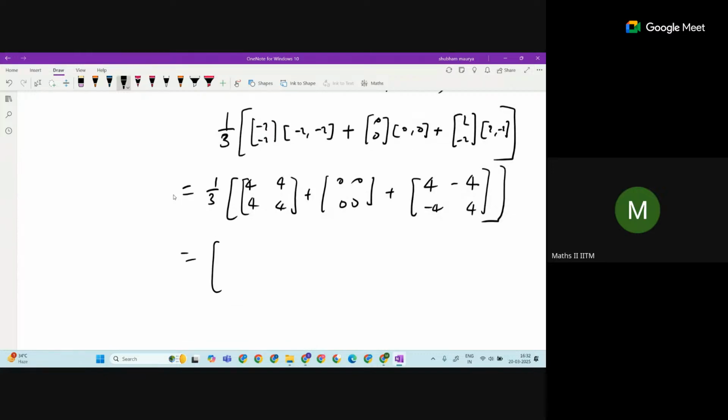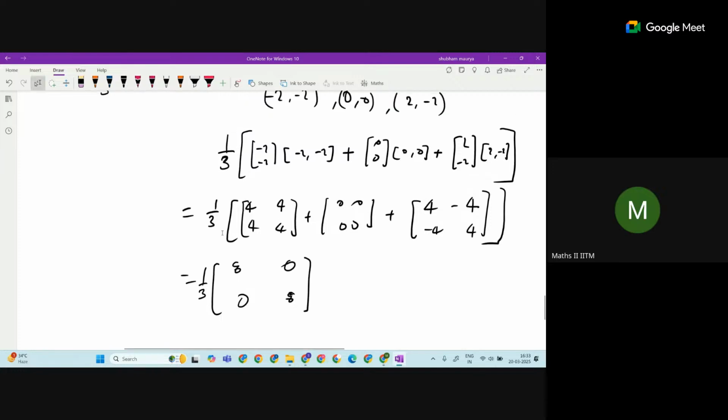So is this each entries or diagonal entries? So this is 8, 1 by 3, and this is 4 minus 4 is 0, 0, 0, 8. Am I doing wrong? Is this correct?